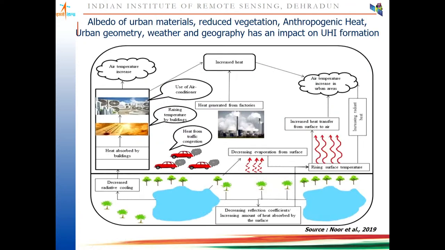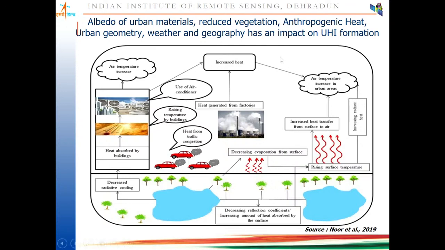If we look at this urban heat island, what contributes to it? We understand that the albedo of urban materials matters, because most urban materials are low albedo materials, so they absorb a lot of heat.